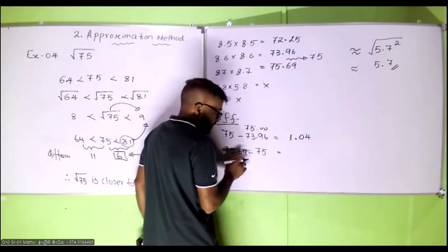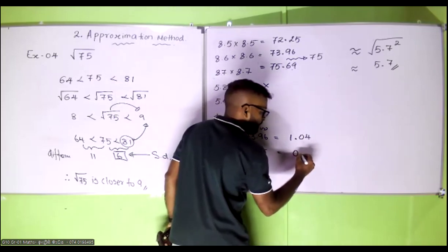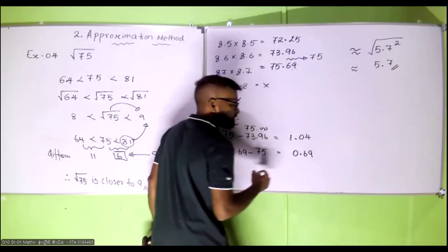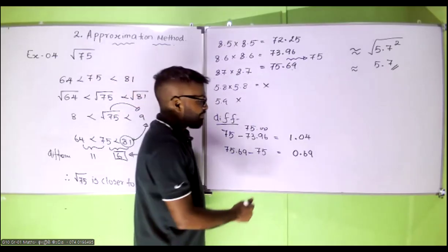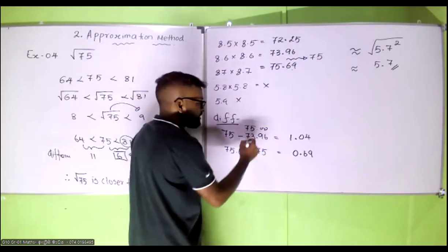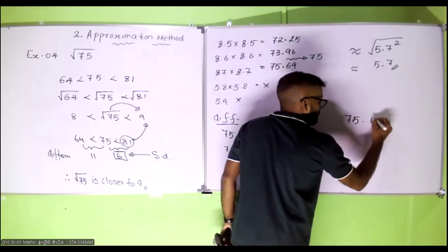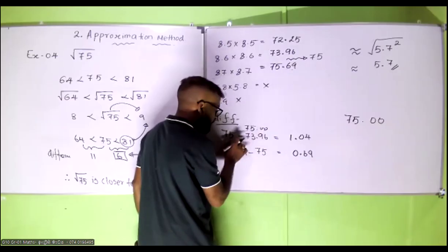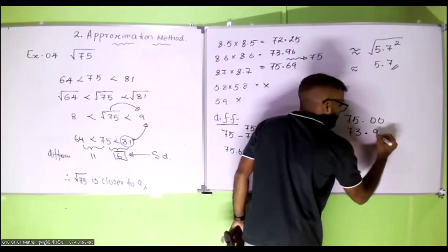Then 75.69 minus 75. Most of you got this wrong. You didn't care about the decimal place. 75.00 minus 73.96.